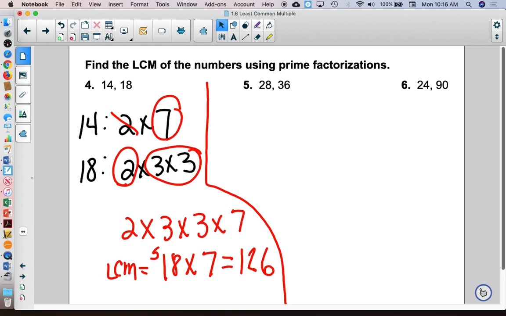Do you agree? So change that. Okay. And you're gonna want to erase that and fix it. Okay? Okay.